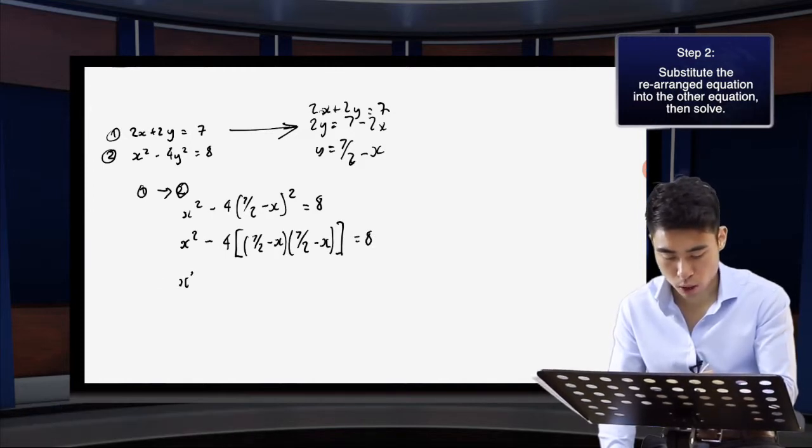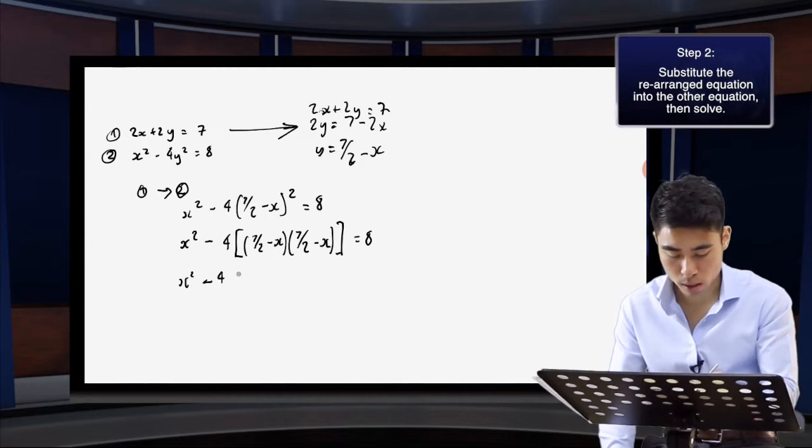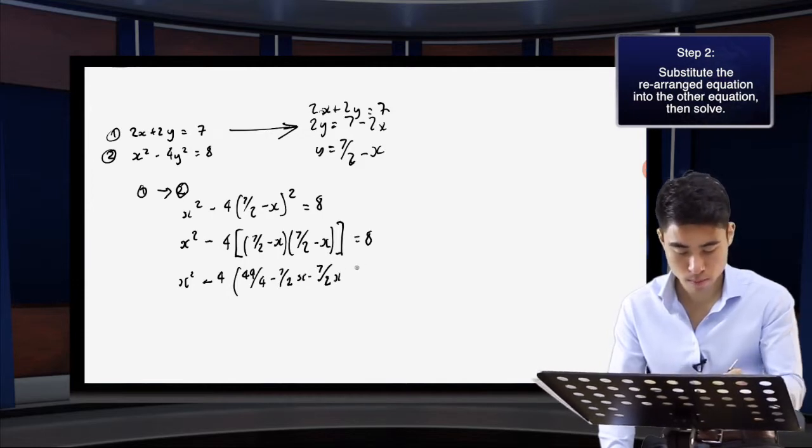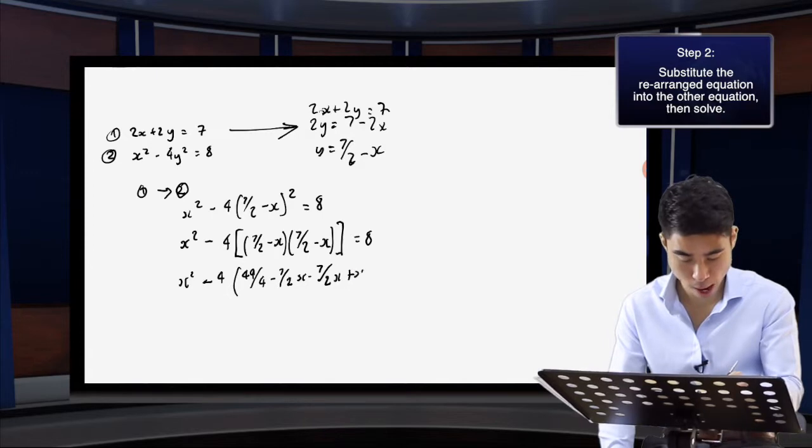Okay, just expanding those brackets inside the square brackets now. So just dealing with these two sets of brackets, expanding them out, I'm going to have 49 over 4 minus 7 over 2 x minus 7 over 2 x plus x squared.